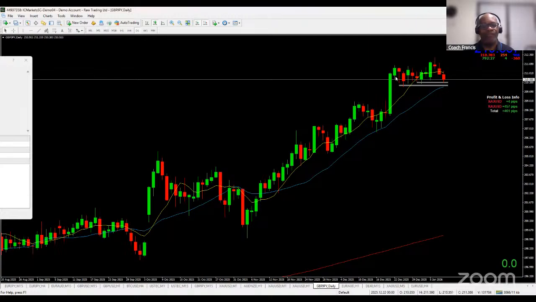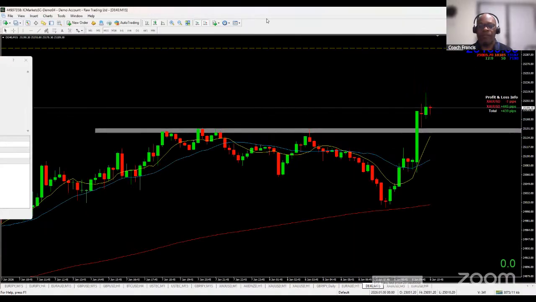It's just been consolidating for a long time. What usually happens when the price is consolidating in a trend is that it's just gathering energy to continue that push up. So that's what's happening with that one.